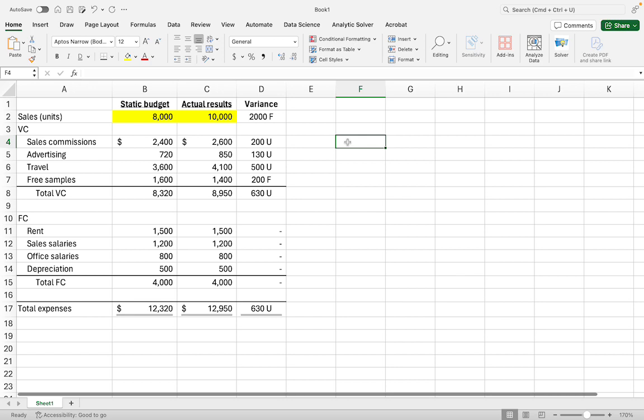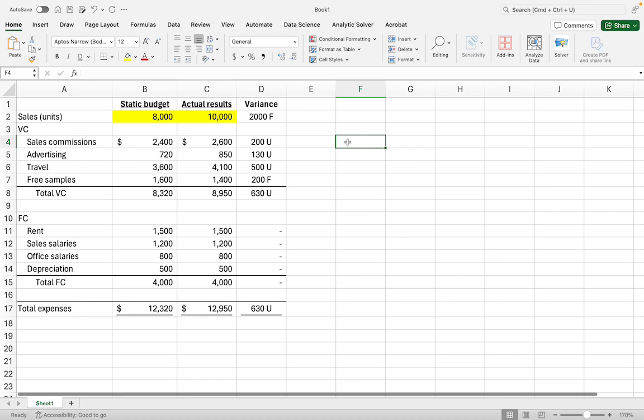I mean, that's what it means to be a variable cost. A variable cost is going to increase with changes in production and sales. So if we sell more items, I would expect variable costs associated with selling, like sales commissions and advertising, to be higher because that's what it means to be variable. The total is going to move when the sales number moves, sort of like in production. Direct materials is going to be higher when I produce more than I expected because direct materials is variable. The more units you make, the more money you spend on materials.